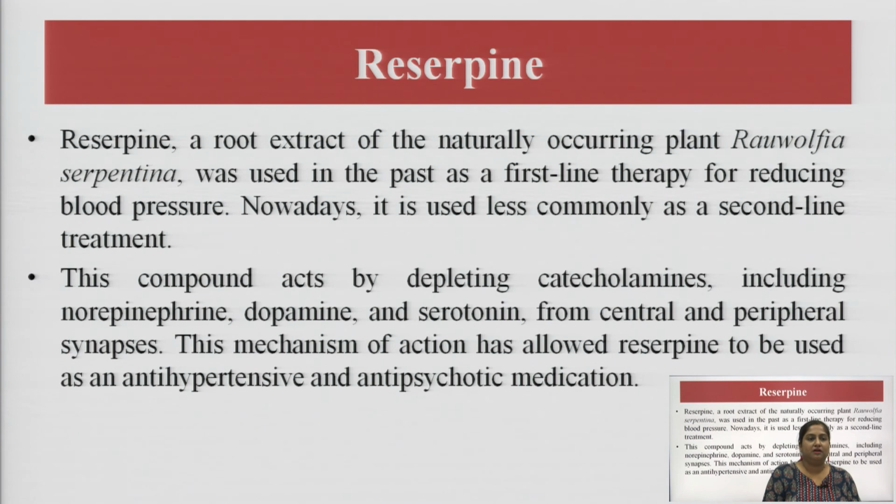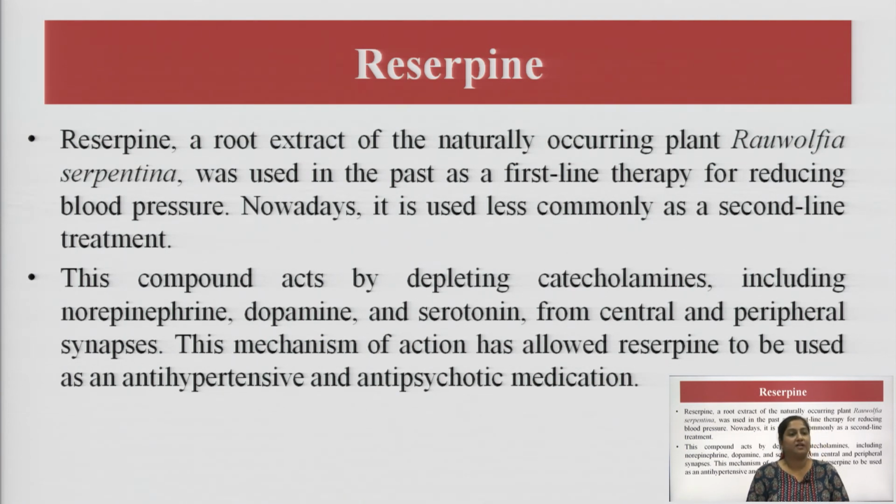In the very early days, it was the first line therapy for reducing blood pressure. Nowadays, it is less commonly used because we have many advanced medicines, so Reserpine can be given nowadays also, but in combination with certain drugs for hypertension.